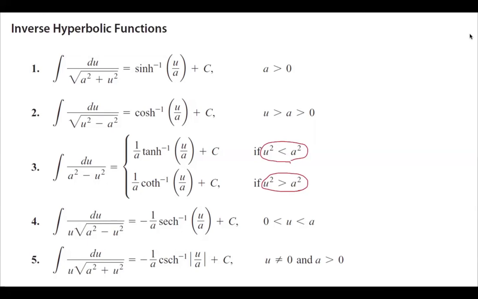So again, these help us to calculate the integrals a little bit easier. Whenever you see the integral of the type on the left-hand side, you can easily calculate that integral using inverse hyperbolic functions.